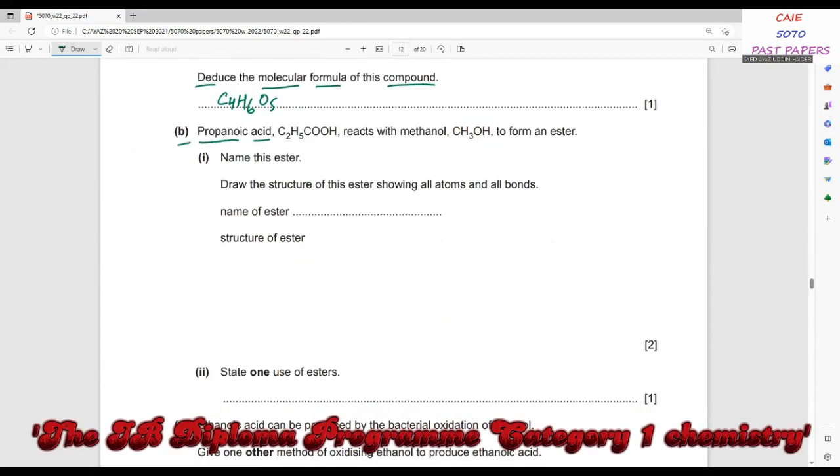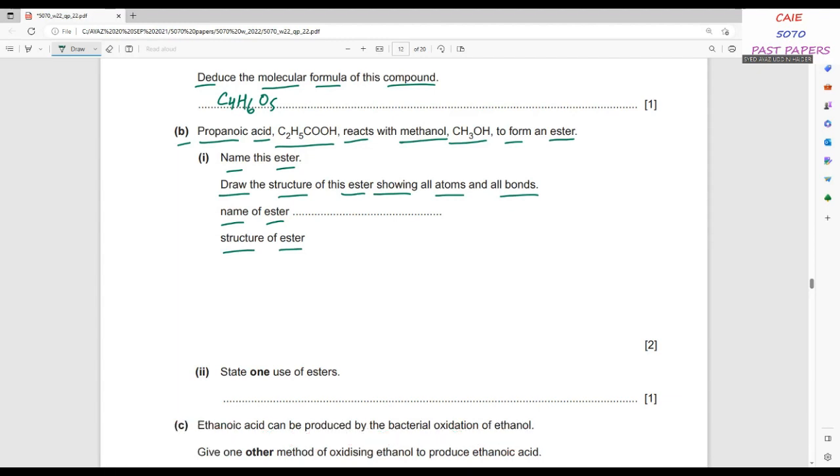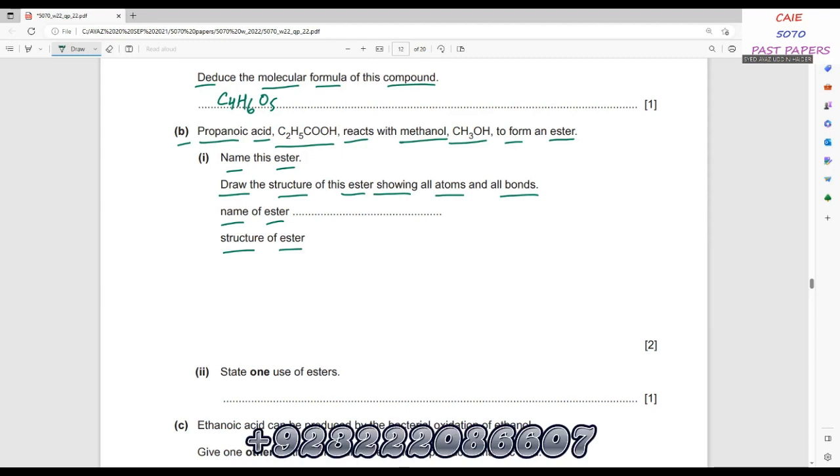B. Propanoic acid, C2H5COOH, reacts with methanol, CH3OH, to form an ester. Name this ester. Draw the structure of this ester showing all atoms and all bonds. So how are you going to deduce the name of the ester? The other name for ester is alkyl alkanoate. The alkyl group will be coming from methanol, so you will get methyl.